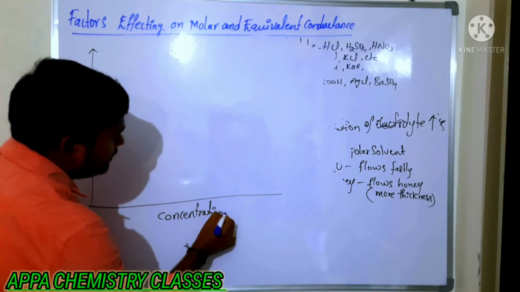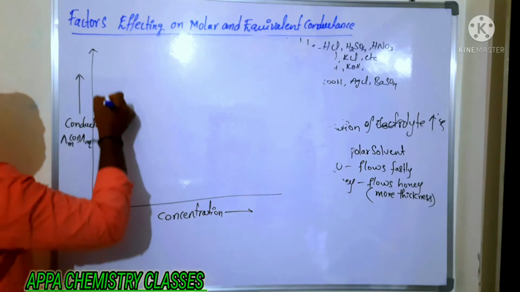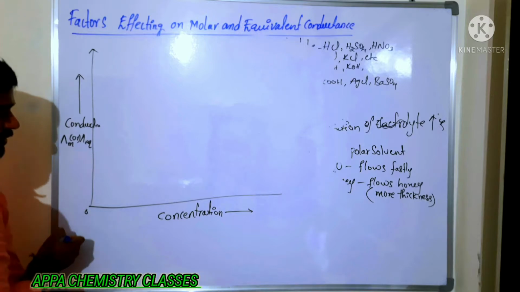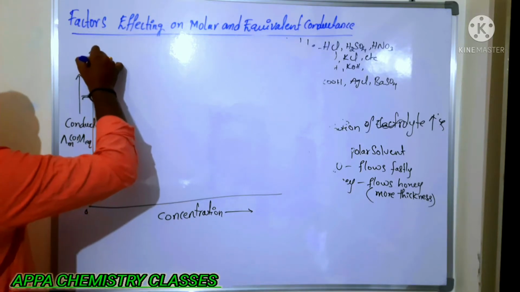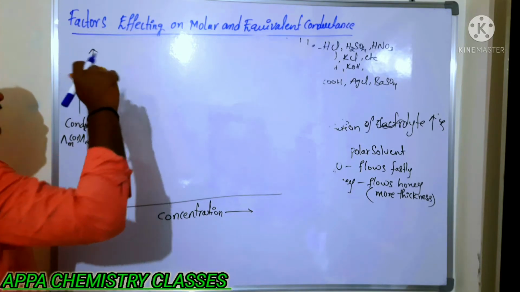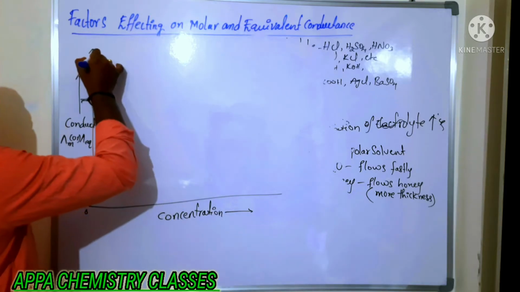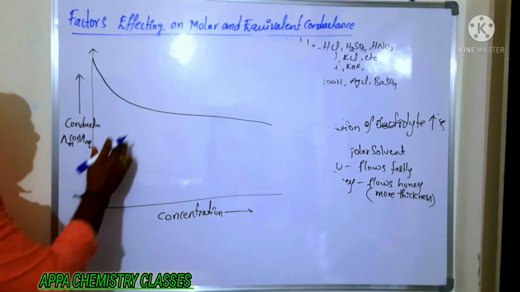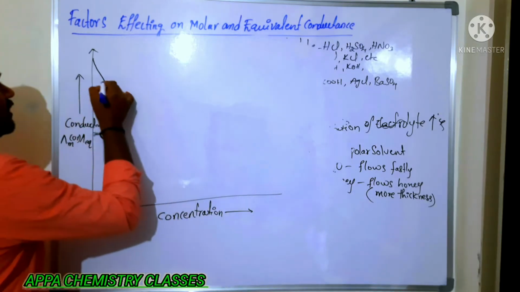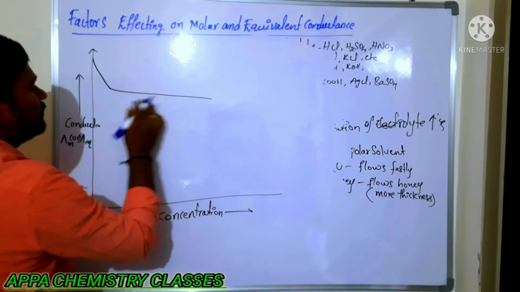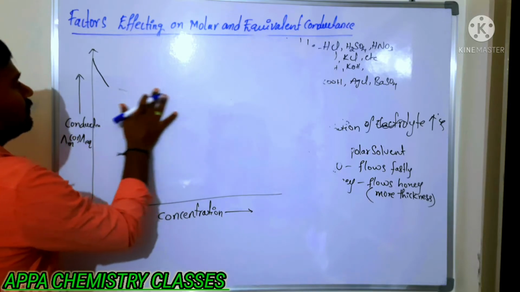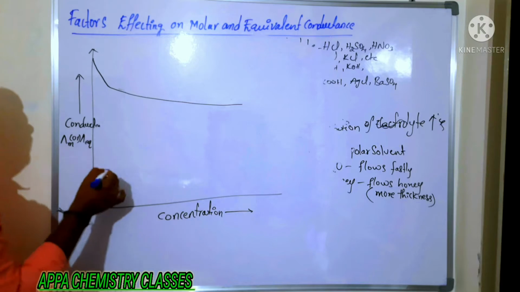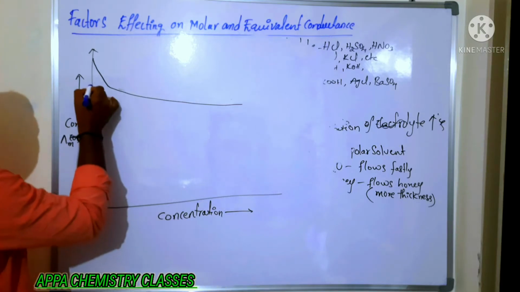Initially, at low concentration, the conductance is very high for either a strong electrolyte or a weak electrolyte. For the strong electrolyte, there is not much variation, only slight variation.